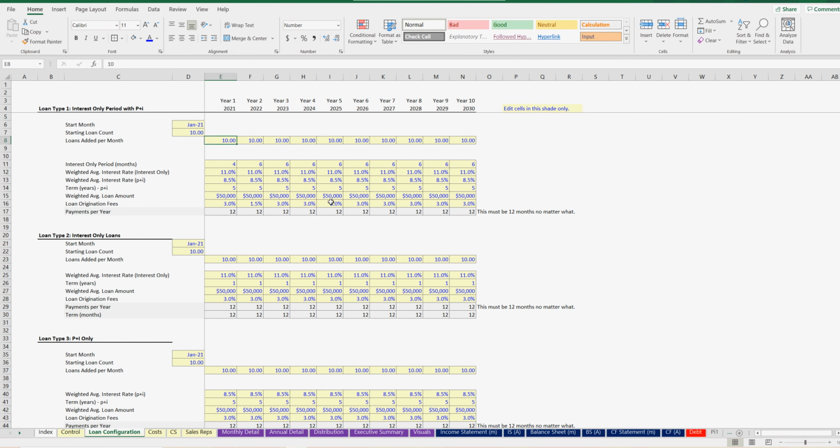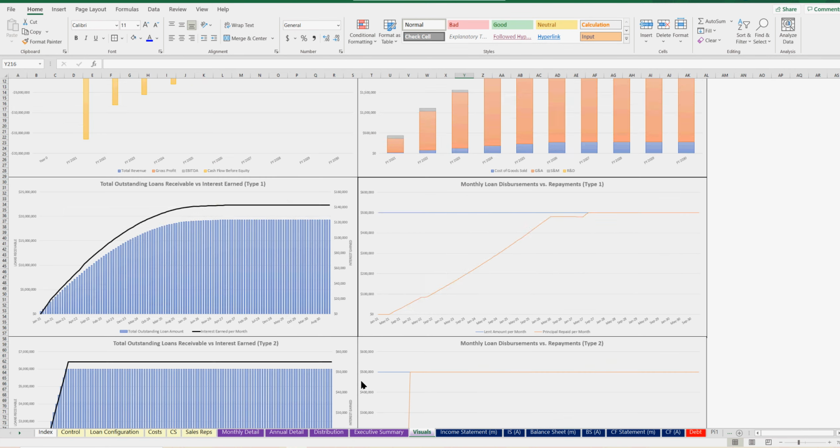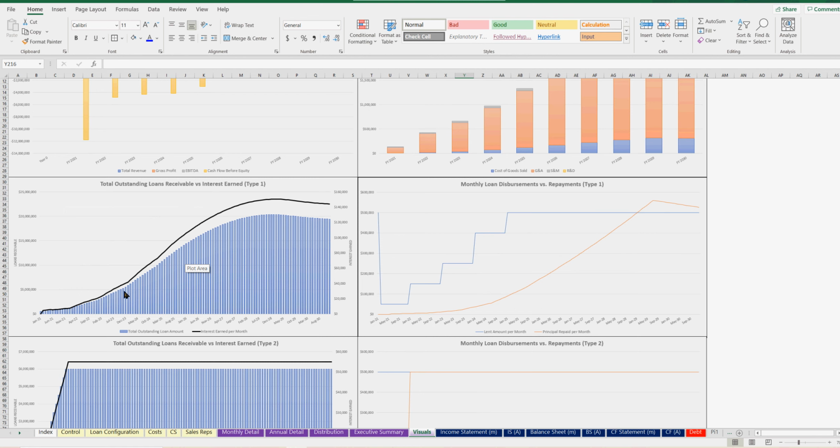So let's say we did 1, 3 a month, 5 a month, 8, and the term was bigger, and then it starts to drop. You get some really cool curves, and based on how you're doing your loans, these charts will change.